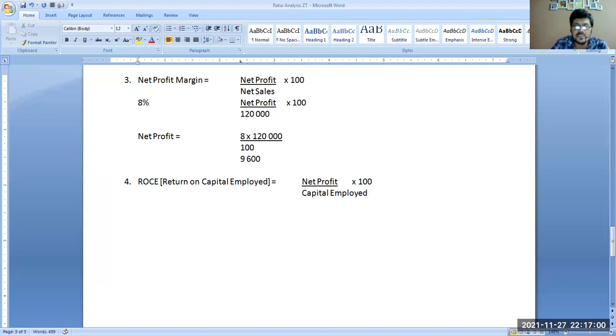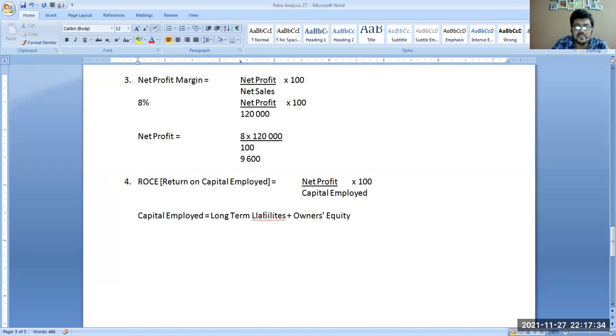Now here the question is, what is capital employed? Capital employed is basically calculated in two ways. First, long-term liabilities plus owner's equity.